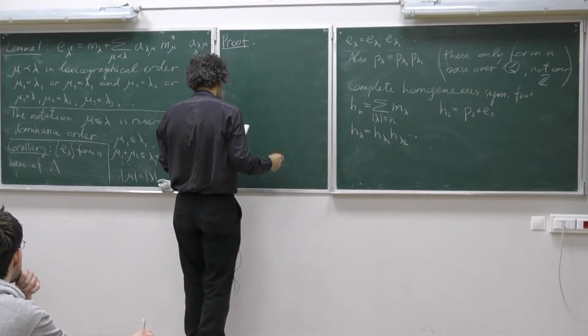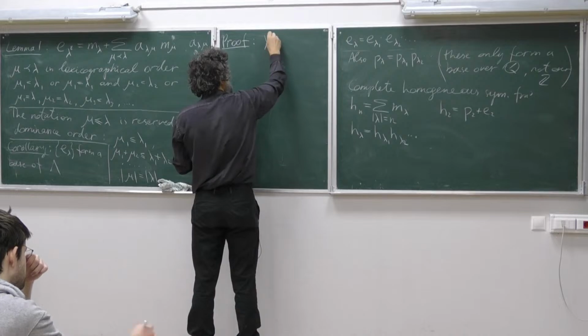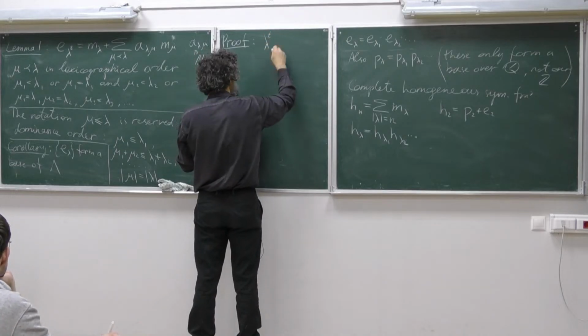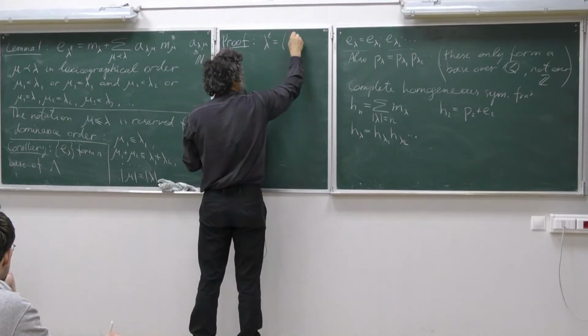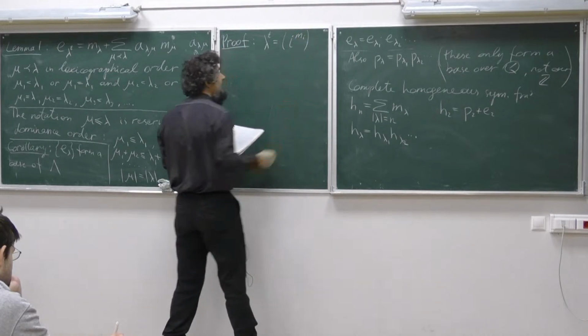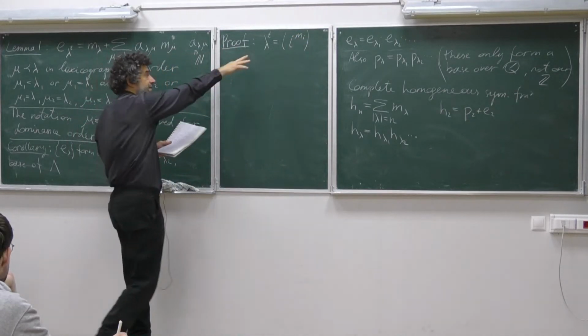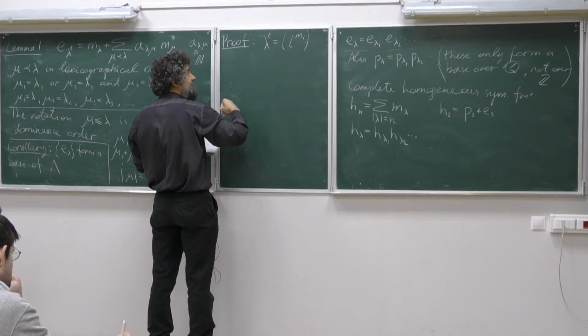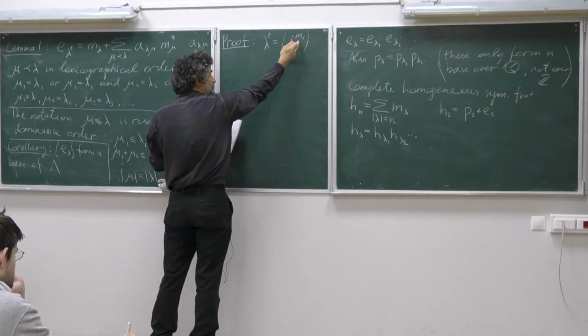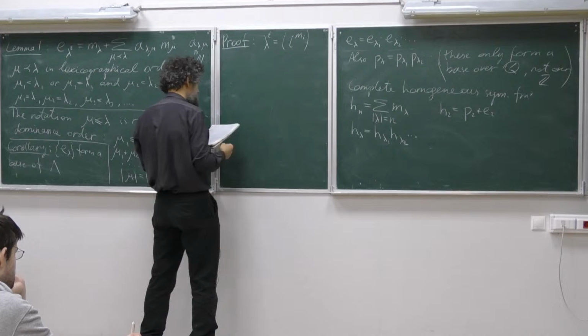Okay, so let's prove it. Well, let's write the transposed partition in the form i to some power. So multiplicity is mi. So 1 with the multiplicity m1, 2 with the multiplicity m2, and so on.